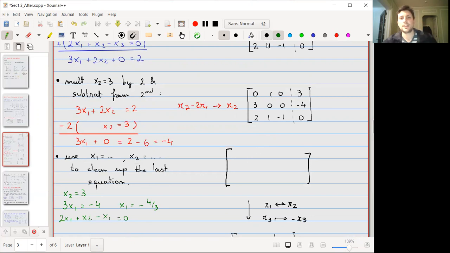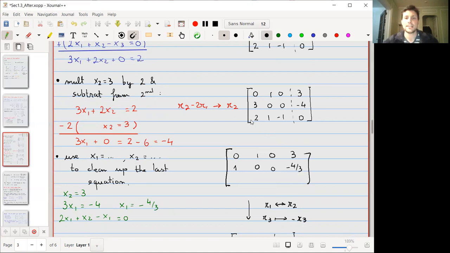Let's write it at the level of matrices. We have 0, 1, 0, 3. Dividing the second row by 3 gives me 1, 0, 0, minus 4/3.